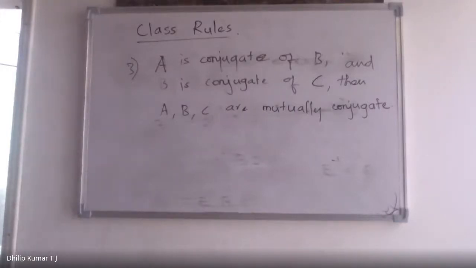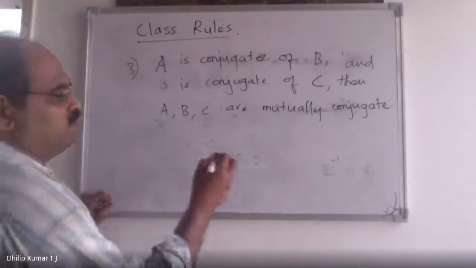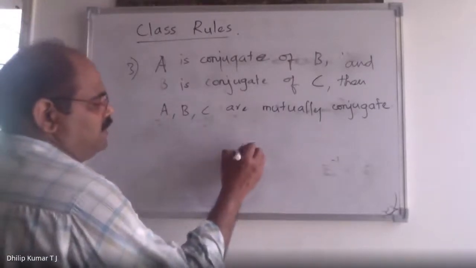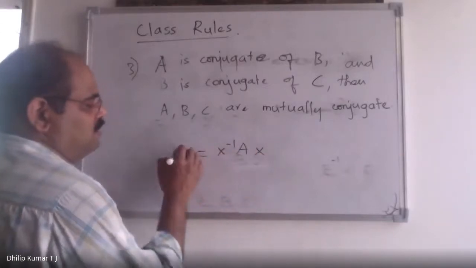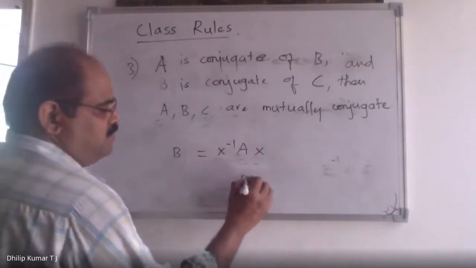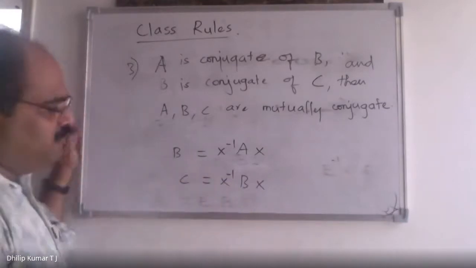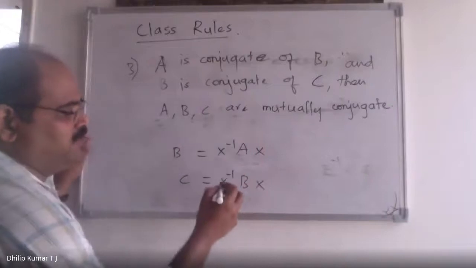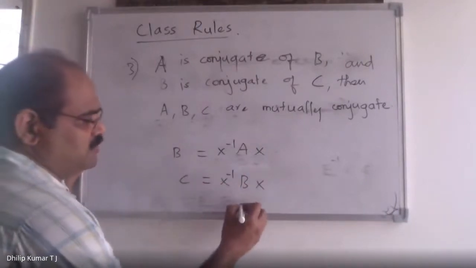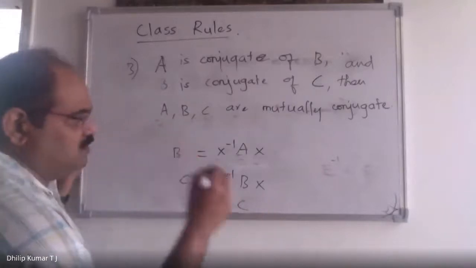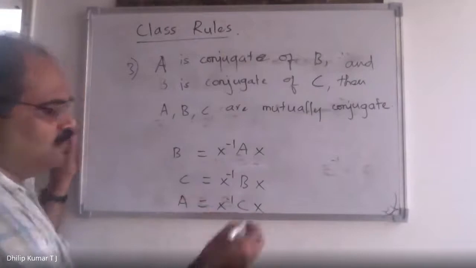I don't have to tell much about this because if A is giving B and then B is giving C, say A equals X inverse B, then B is X inverse C, and if these two are valid, then you will get C also, and you get A. So it can be mutually conjugate.